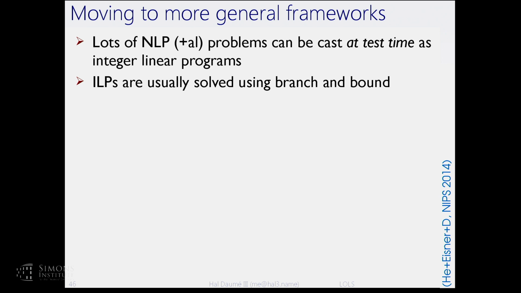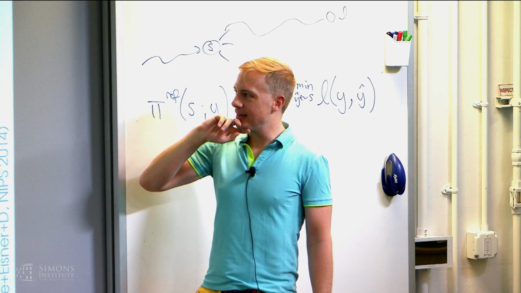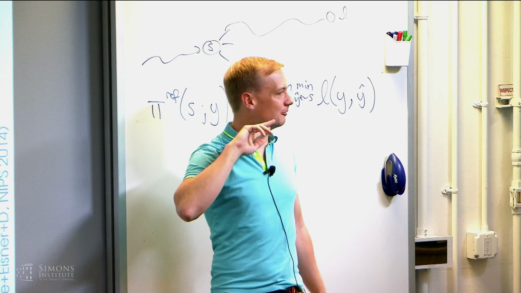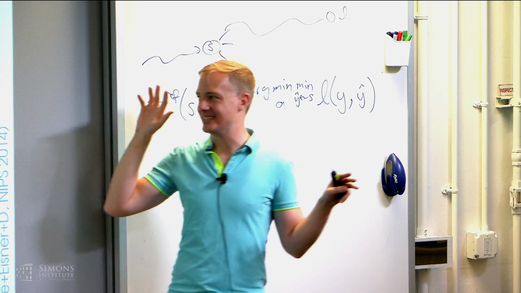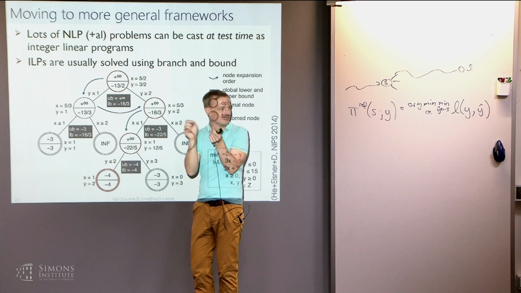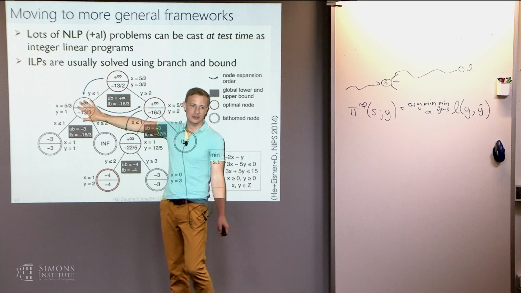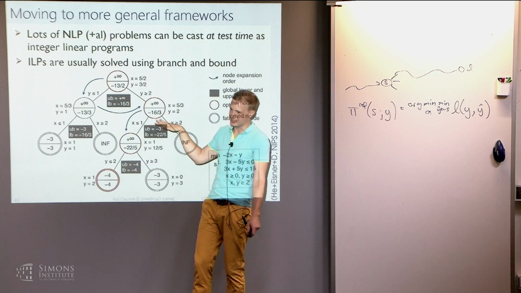And then you can solve those using branch and bound or something like that. I will not explain how branch and bound works. The important thing is that you're basically exploring the search tree and you're maintaining little bounds on the values at each point in the search tree. And you want to prune edges and explore the tree in an interesting way.